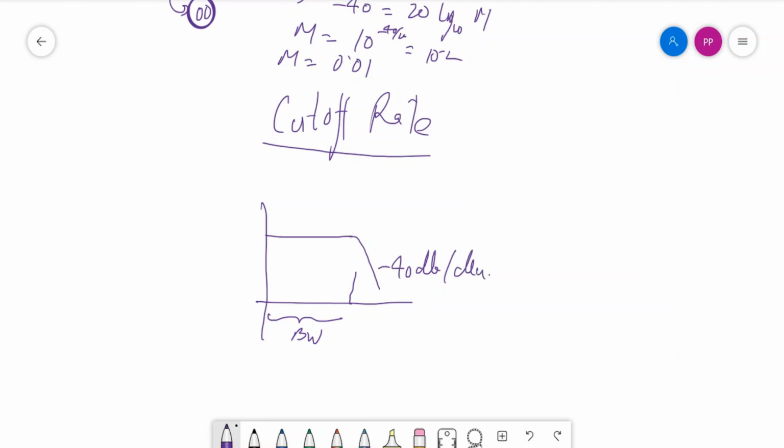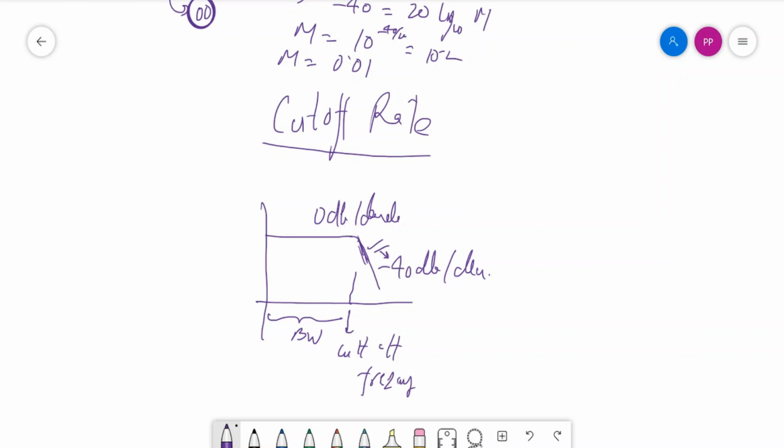So this frequency is actually your cutoff frequency, and this region around the cutoff frequency is called the cutoff rate, because this rate, minus 40 decibel per decade, is the rate at which the system gain is falling from 0 decibels per decade to minus 40 decibels per decade.